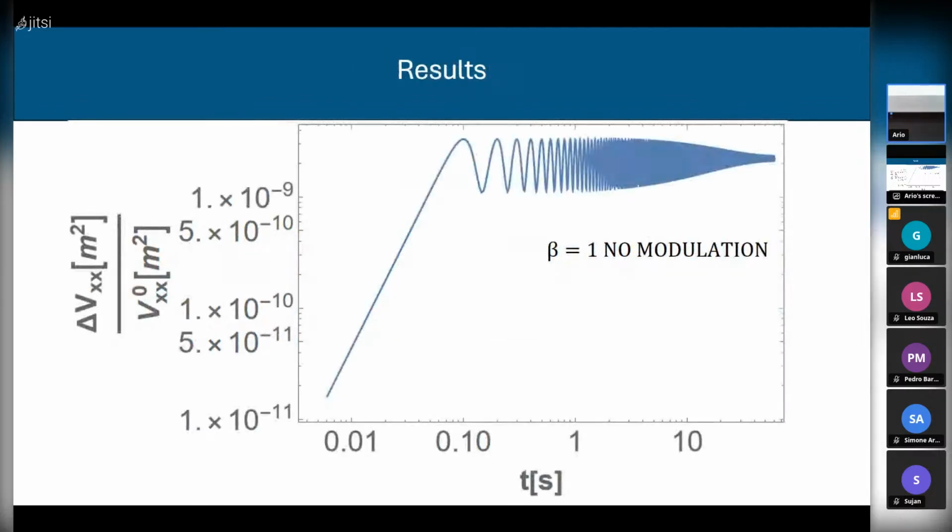So what is the quantity we are looking at? This quantity is the relative difference of the position variance with or without the gravitational potential, divided by the position variance without the gravitational potential. This is the case without any modulation. If you take a beta equal to 1, you have no modulation, and the relative difference is of the order of 10 to the minus 9.